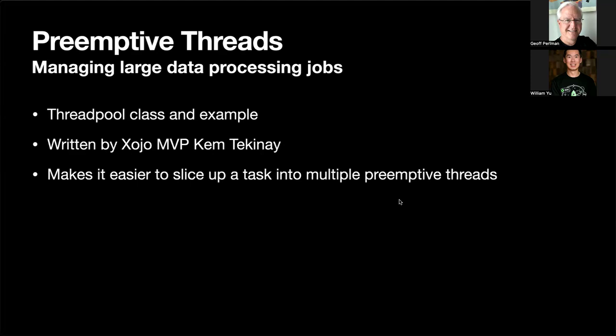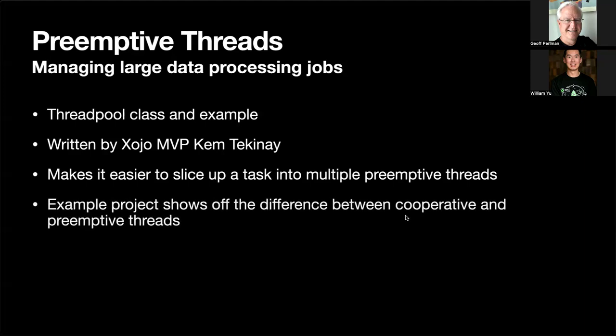So if you have a job and you're trying to utilize many threads to just get it done as efficiently as possible, processing a lot of text files, that sort of thing, that's where Threadpool is really handy. It also is a great way to show the difference between cooperative and preemptive threads because it's got some examples in there and you can really see the performance difference between the two.